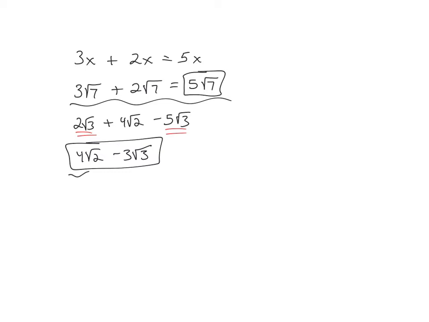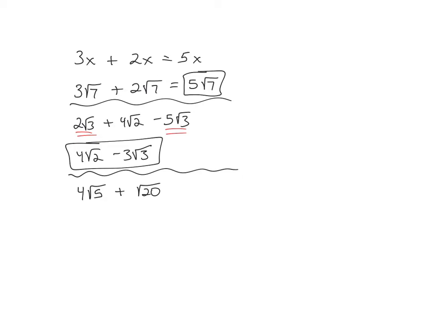But then some of them, you're going to have to simplify the radical. So if we had something like that, you'd look at it and go, well, I can't do anything.